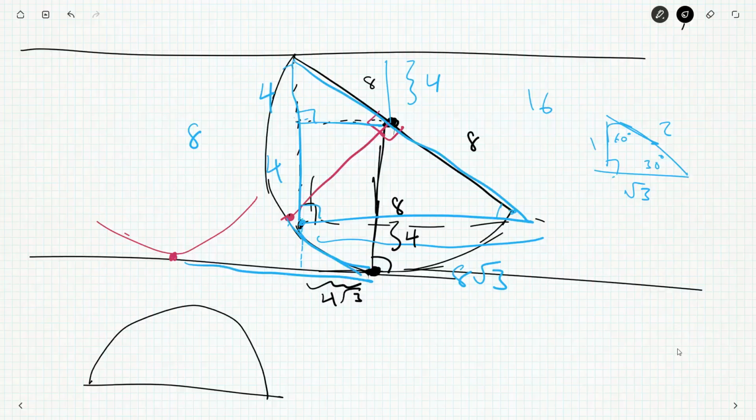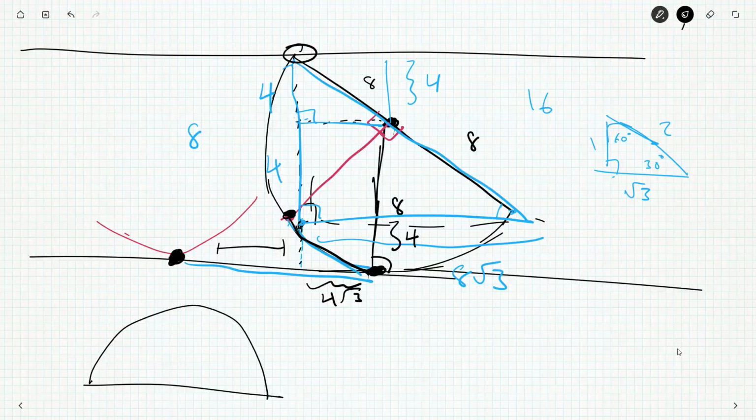Because I know whatever the distance from my center to this new point of tangency, whatever that is as an arc length, I take that, I subtract off this 4 root 3, and that's the distance from this point over to the line that I'm interested in, the line that gives me the apex here.